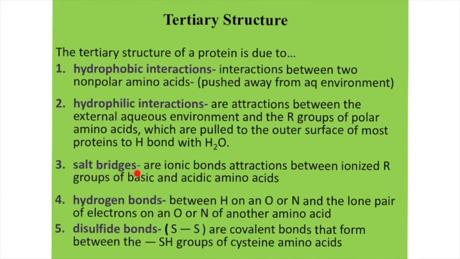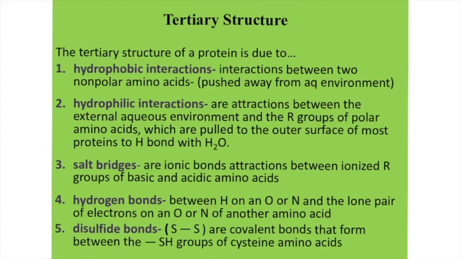Okay, then we have salt bridges, which are ionic bonds. They form between a cation and an anion. So if one amino acid side chain has a cation and another has an anion, then they can form a salt bridge, or we can call those electrostatic interactions. Okay.